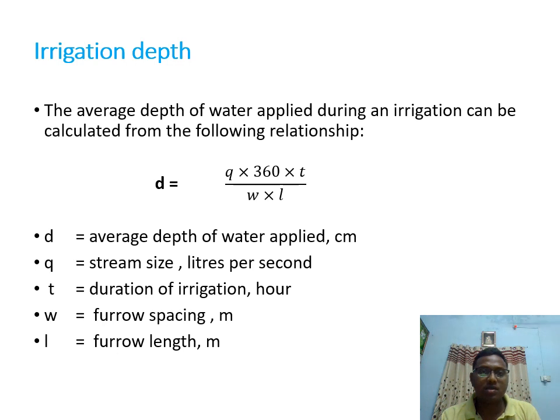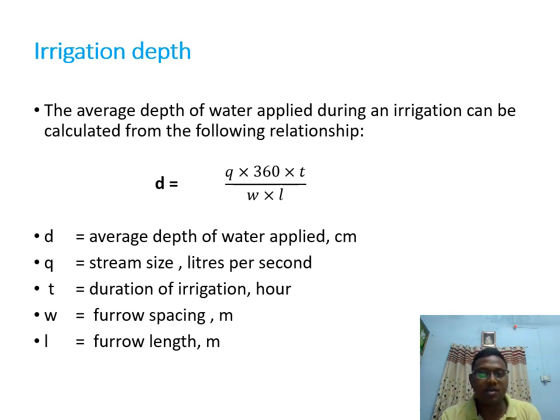Next is the irrigation depth. We have to decide the depth of the irrigation. The average depth of water applied during irrigation can be calculated from the following relationship for furrow irrigation: D, the depth of irrigation, is equal to Q into 360 into T divided by W into L. Q is the stream size in liter per second, and T is the time duration of the irrigation in hour.